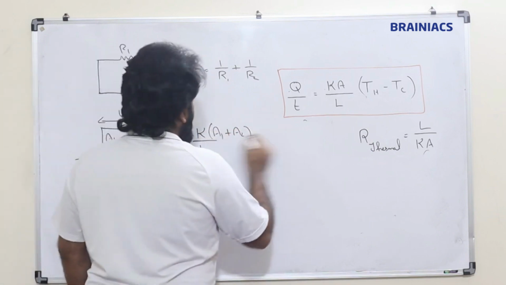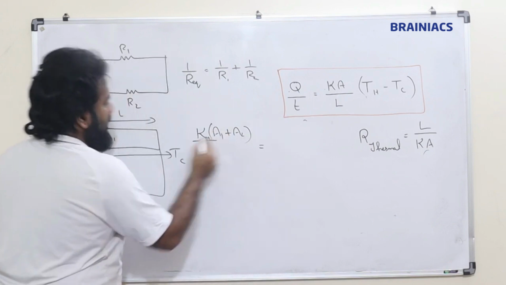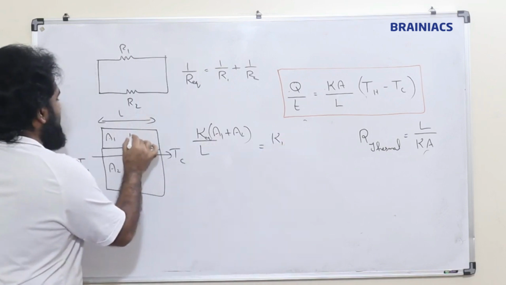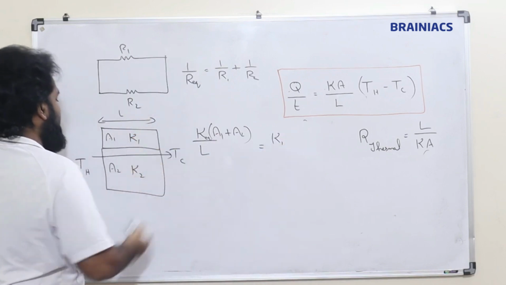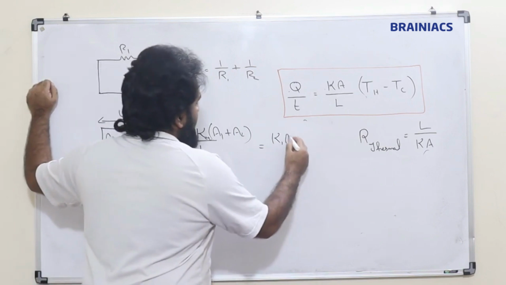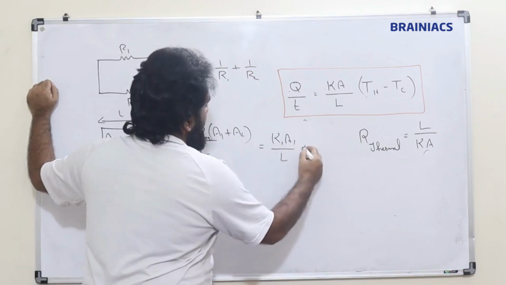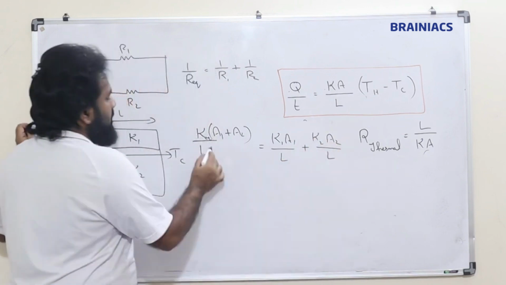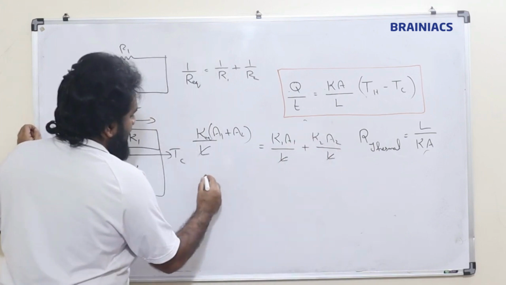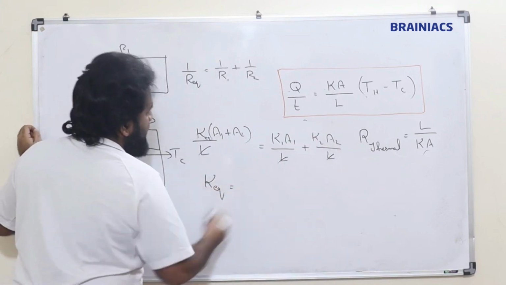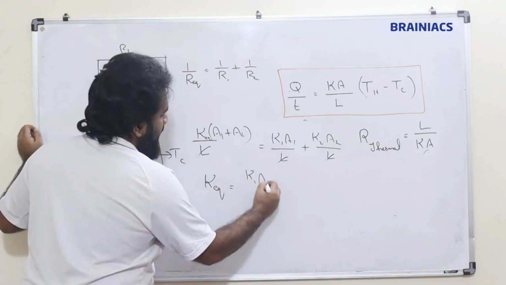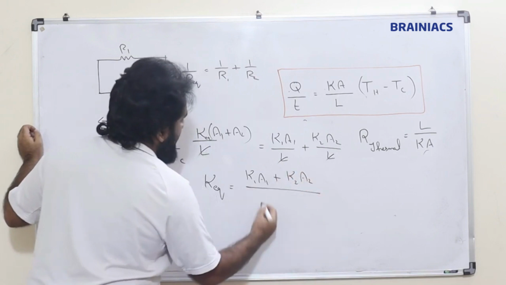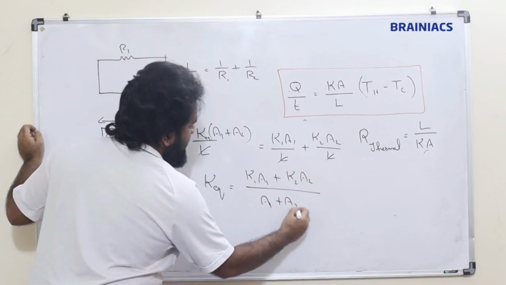So this is K equivalent, which equals K1 A1 by L plus K2 A2 divided by L. If we cancel L, then K equivalent is going to be K1 A1 plus K2 A2 divided by A1 plus A2.